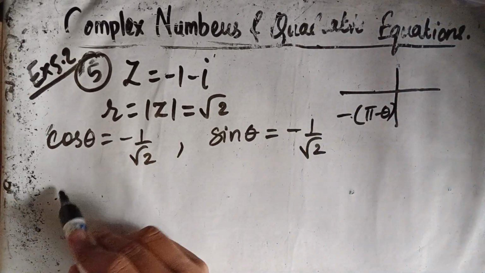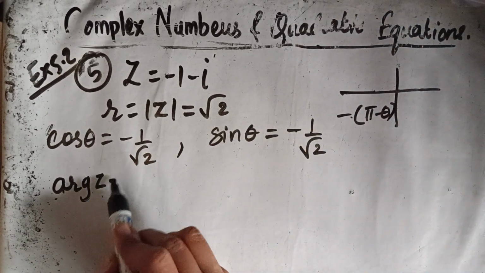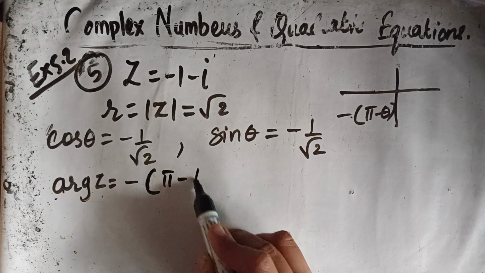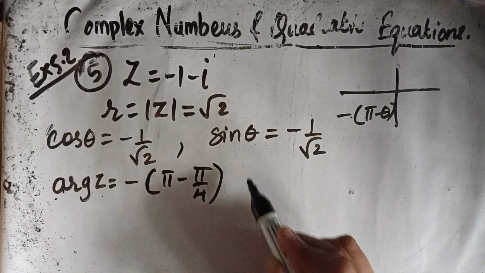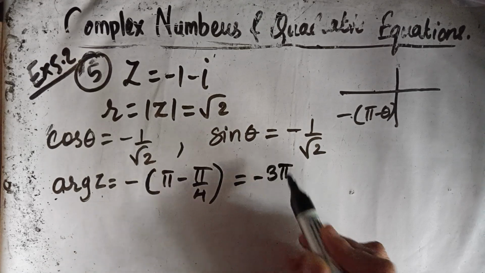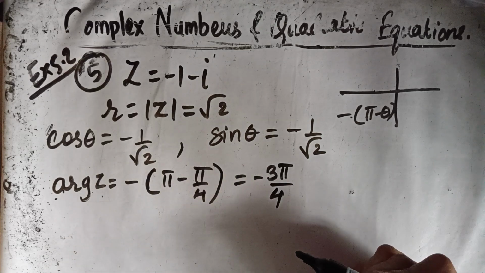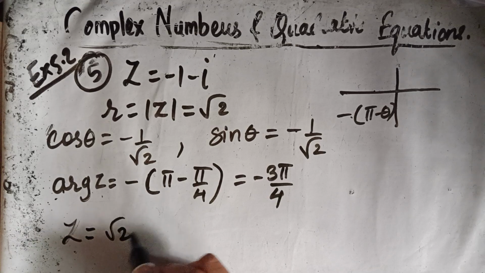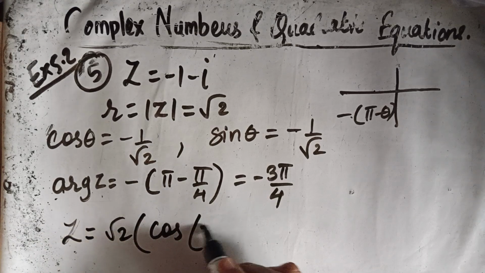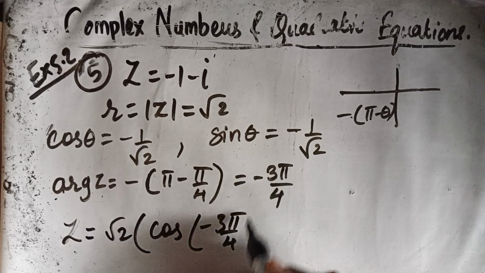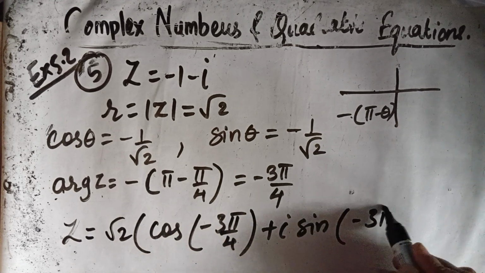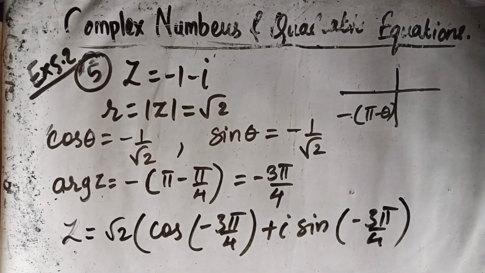Again pi by 4. Arg of z is minus of pi minus pi by 4. So this is minus 3 pi by 4. So z is root 2 times cos minus 3 pi by 4 plus i sine minus 3 pi by 4.